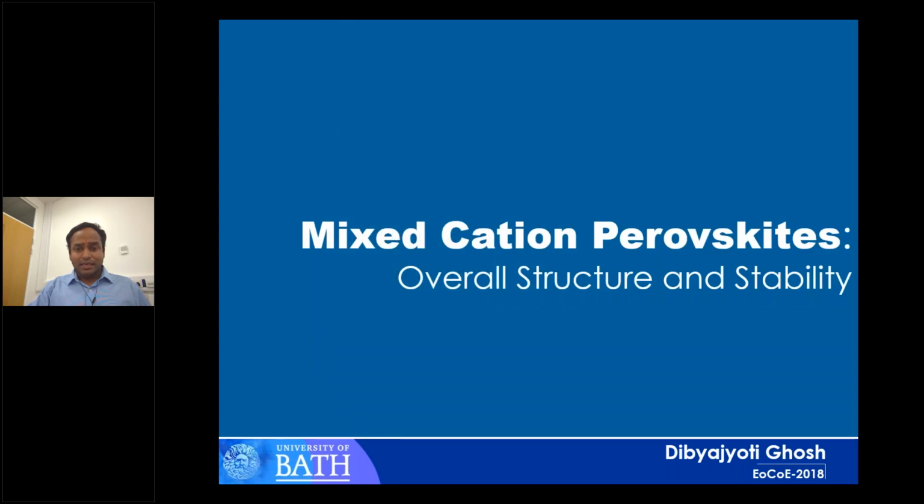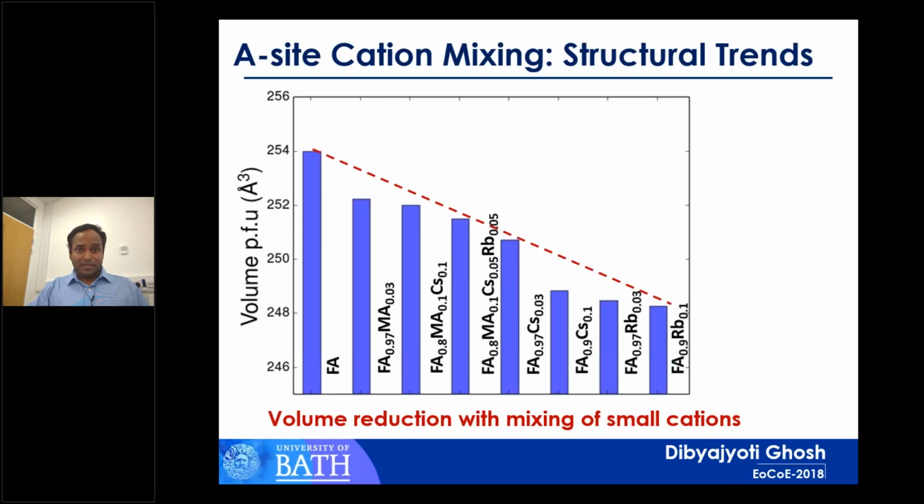So let's see what's exactly happening when we are mixing different size A-cations. We found that when we mix different A-site cations in formamidinium lead iodide, the whole volume of the cell gets reduced.